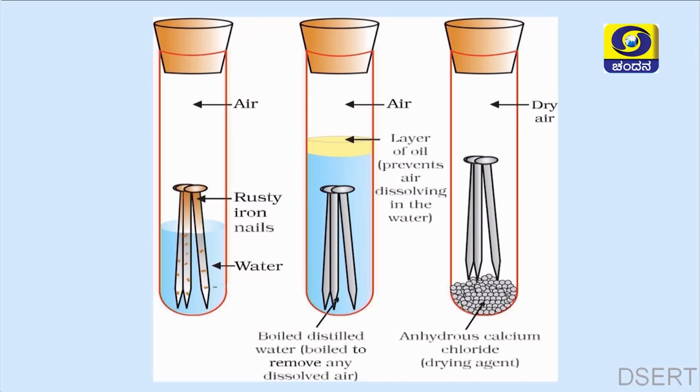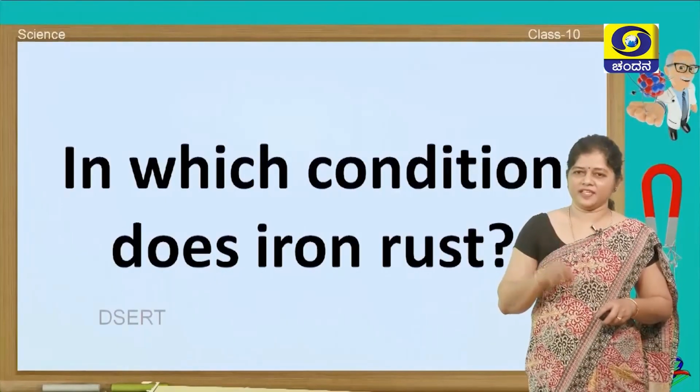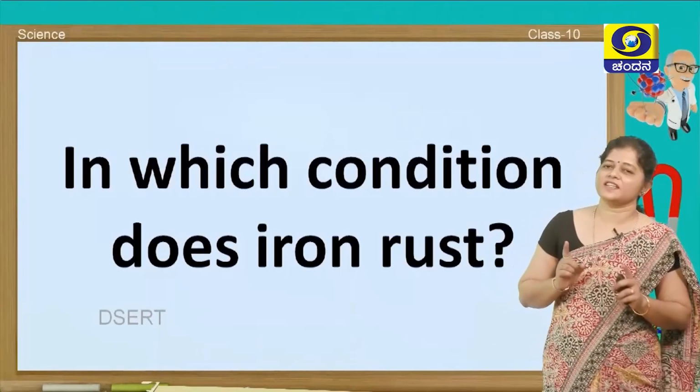In the second test tube we completely immerse the iron nail in water and add a layer of oil over the water, and above that you have the air in the test tube. And in the third test tube there is no water and there is dry air, because we have added anhydrous calcium chloride, which is a drying agent which absorbs all the moisture from the test tube. Question is, you have to think and answer in which condition does the iron rust.